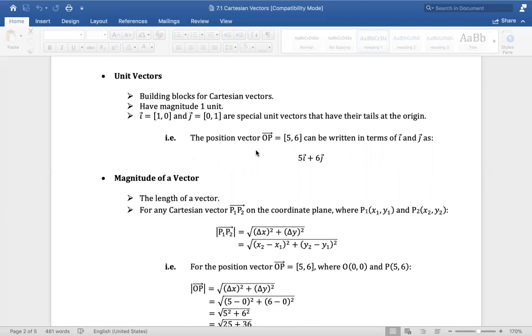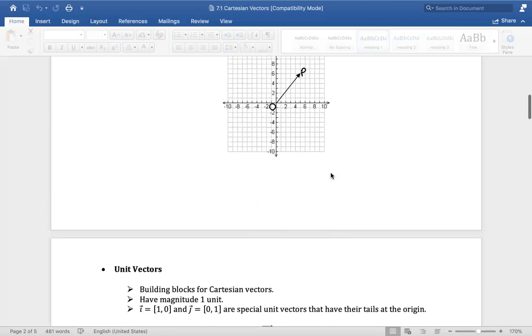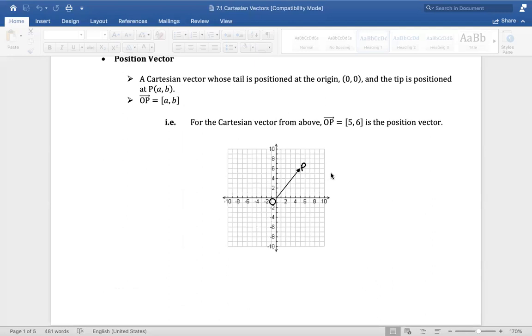So back to that position vector, OP, that was 5, 6. It can be written in terms of vector i and vector j. So again, we're talking about 5 horizontal unit vectors of i, and then we're going to add to that 6 vertical unit vectors of j. So what I'm saying here is that I'm moving 5i, 5 horizontal.